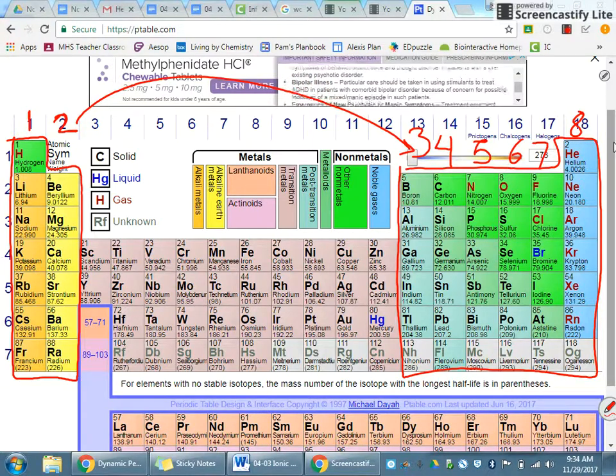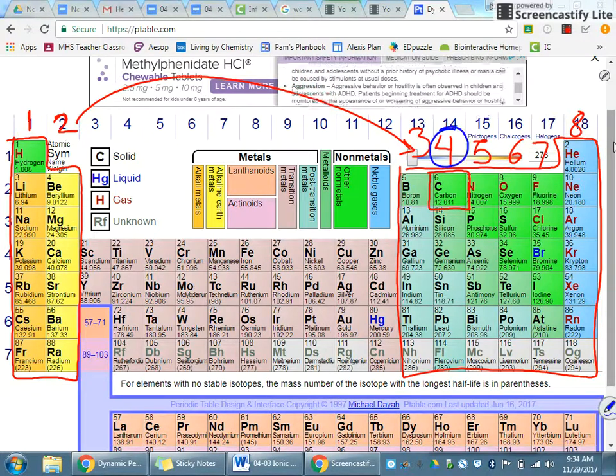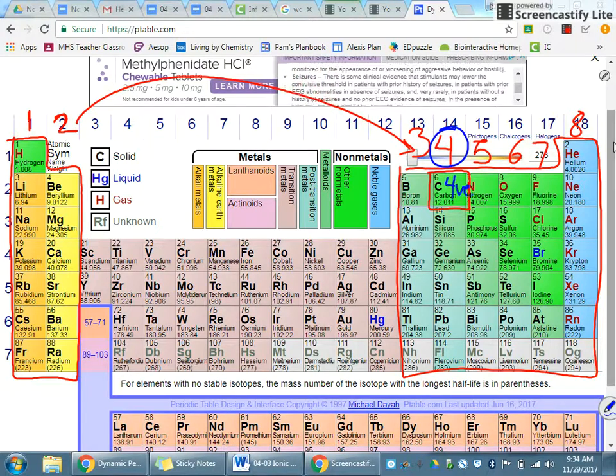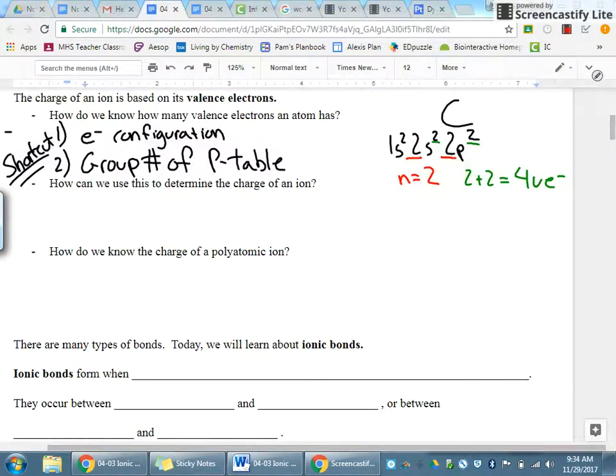So for instance, if we were trying to figure out the number of valence electrons for carbon, we can see that carbon is in group 4, and therefore it should have 4 valence electrons. So let's take a look back at what we wrote down. Sure enough, we found that carbon had 4 valence electrons, okay?